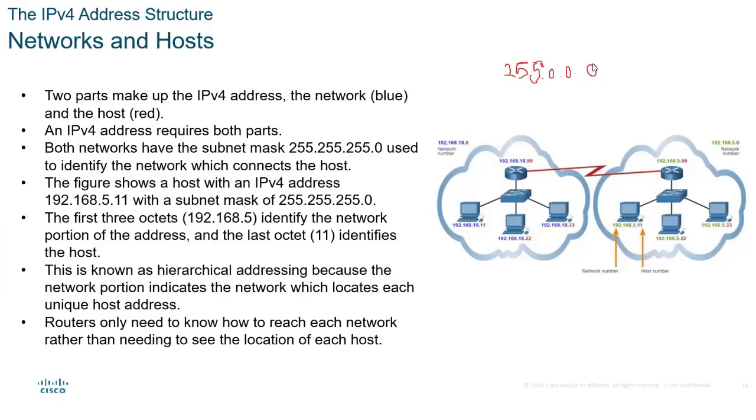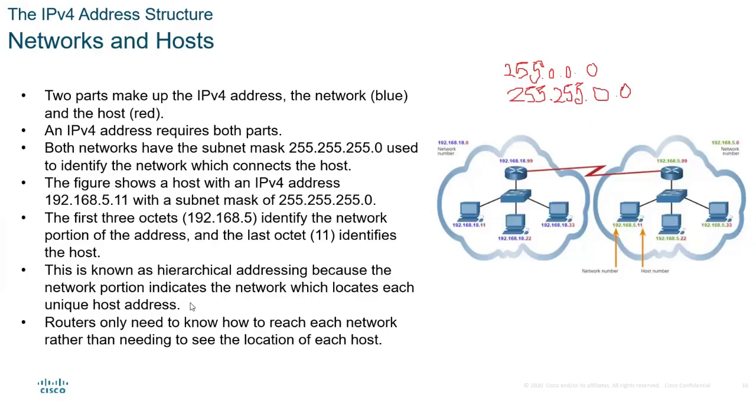Now we have the subnet mask 255.0.0.0. This is a subnet mask. We have another one, 255.255.0.0.